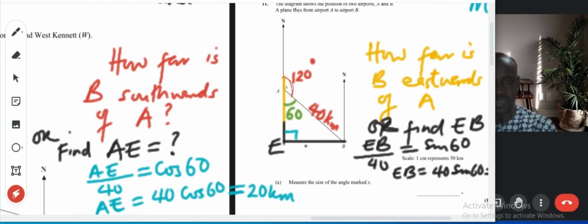Assuming we measured it and we got 120 degrees. Now, if here is 120 degrees, we can make this line longer. And obviously, this will be 60 degrees because the sum of the angles on a straight line is 180 degrees. So this is 120, this is 60 degrees.